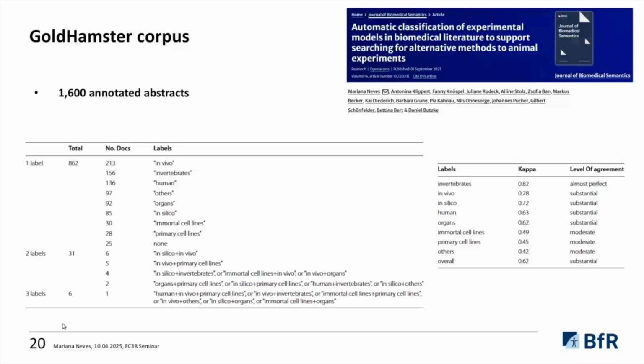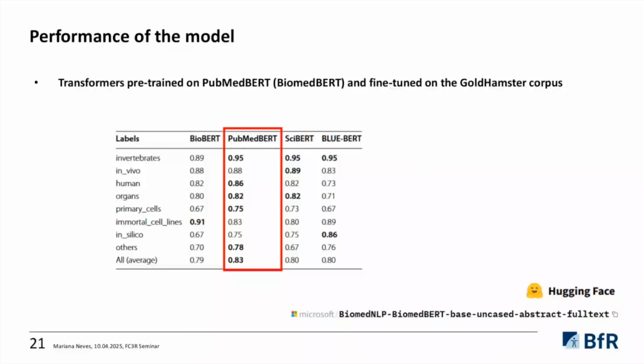Most of the articles have only one label, as we see here, 800 something, but many articles have more than one label, because people sometimes propose more than one method in an abstract.